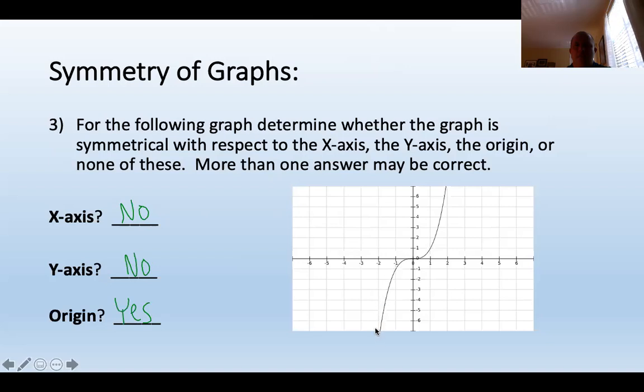It's going to form the same graph. And if I take the bottom piece and reflect it over the x-axis, it's facing up this direction. And then if I flip it over the y-axis, it's going to give us the same exact graph. So if we're determining whether it's symmetrical with respect to the origin, we're going to say, yes, this graph is symmetrical with respect to the origin.